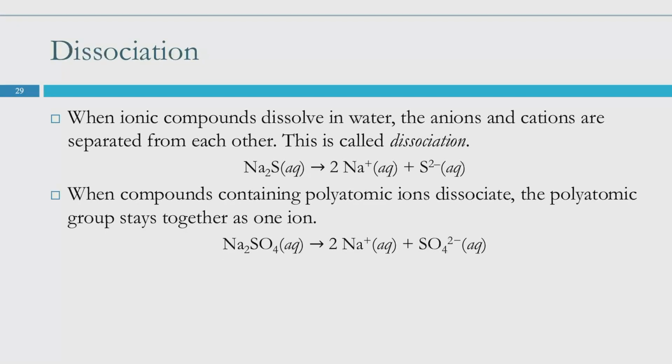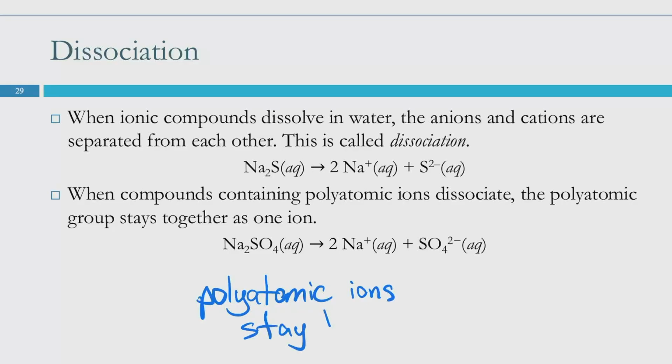When ionic compounds do dissolve, when they are soluble in water, the anions and the cations get completely separated from each other. For example, sodium sulfide completely separates into sodium and sulfide. If we've got polyatomic ions in there, the polyatomic ions stay intact, with some minor exceptions.